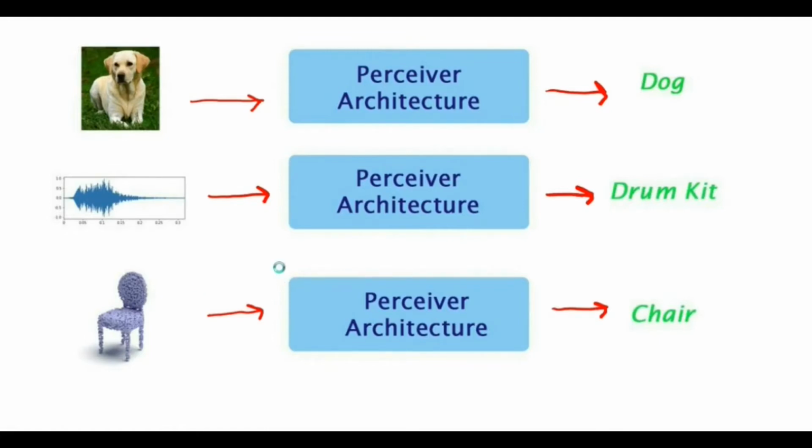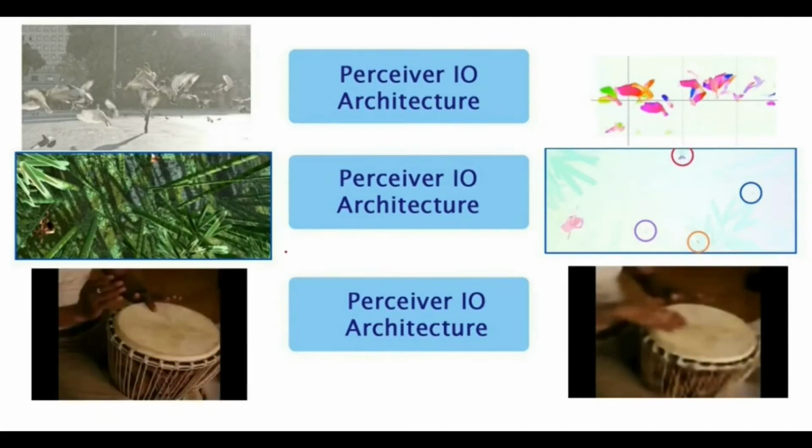Now, the Perceiver IO architecture takes a step ahead in which it could provide the output of optical flow estimation, some patterns from the images like here, and some outputs of the video also. Let me show you outputs from the video.